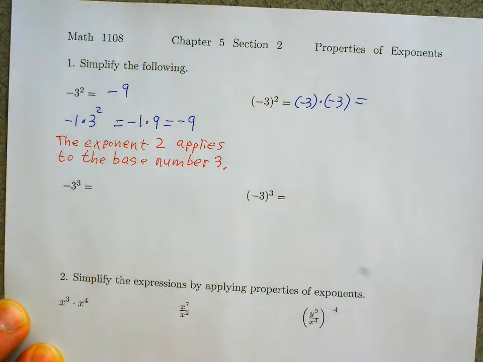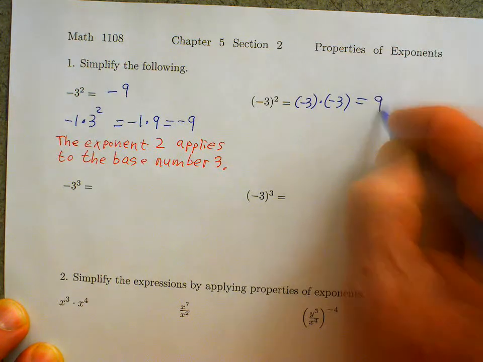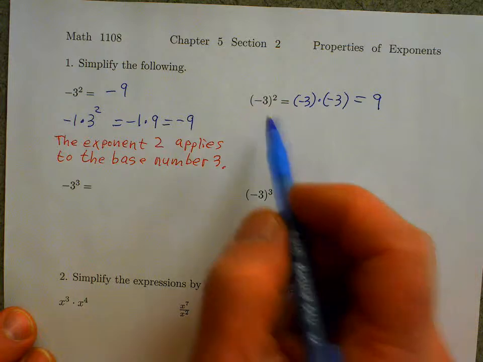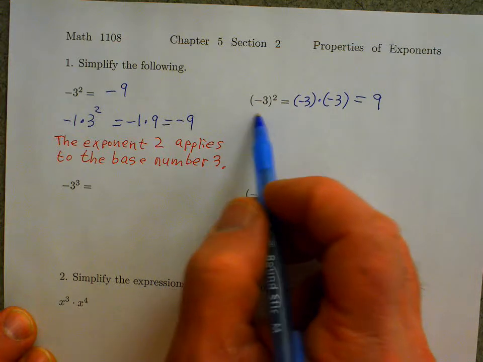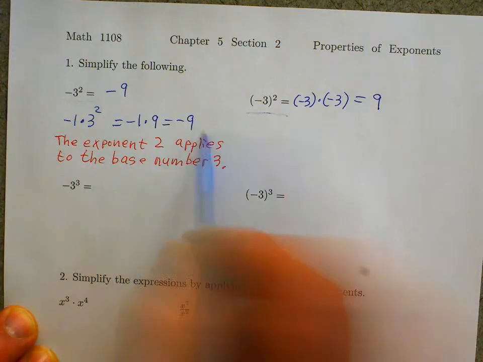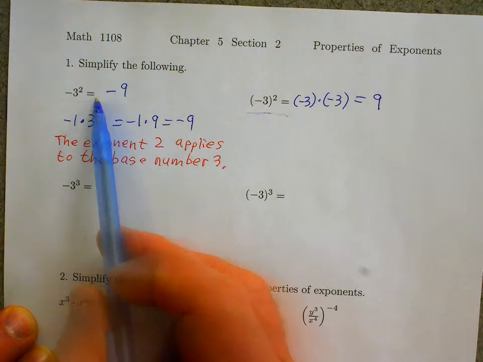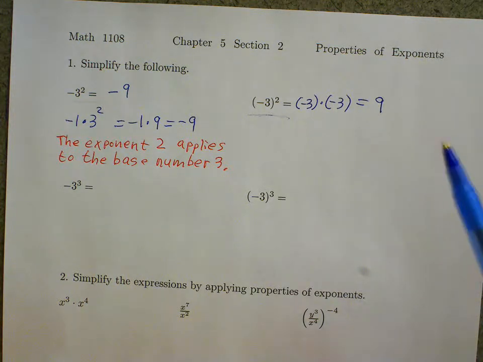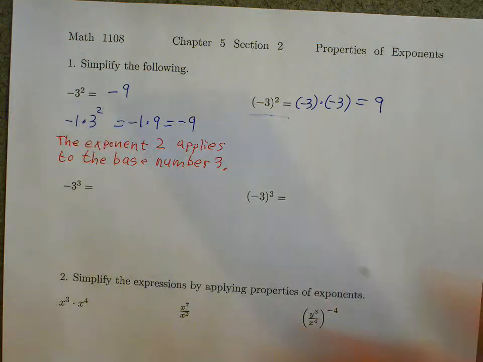And negative 3 times negative 3 is positive 9. It's a subtle difference. Not really subtle if you just remember the order of operations. But it's an important thing to remember. So an engineer could collapse a dam if he forgot that. Well, I suppose it could happen.